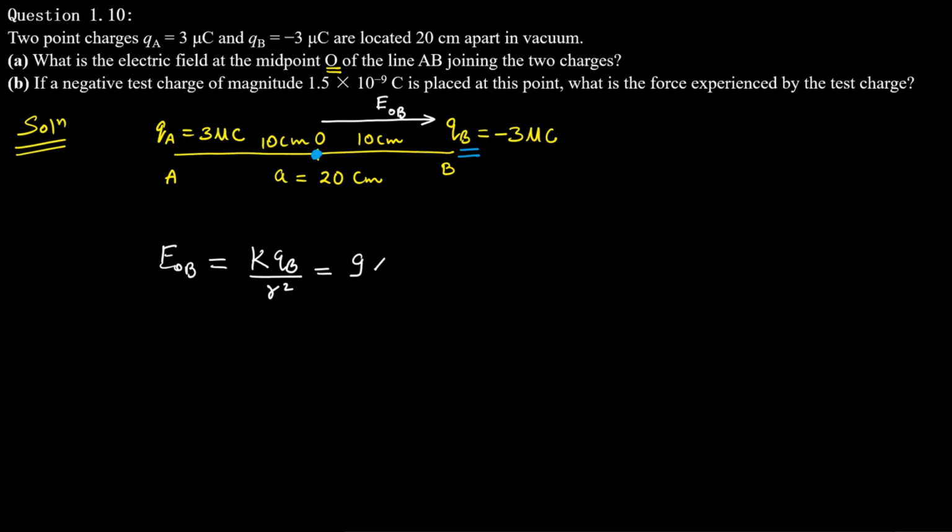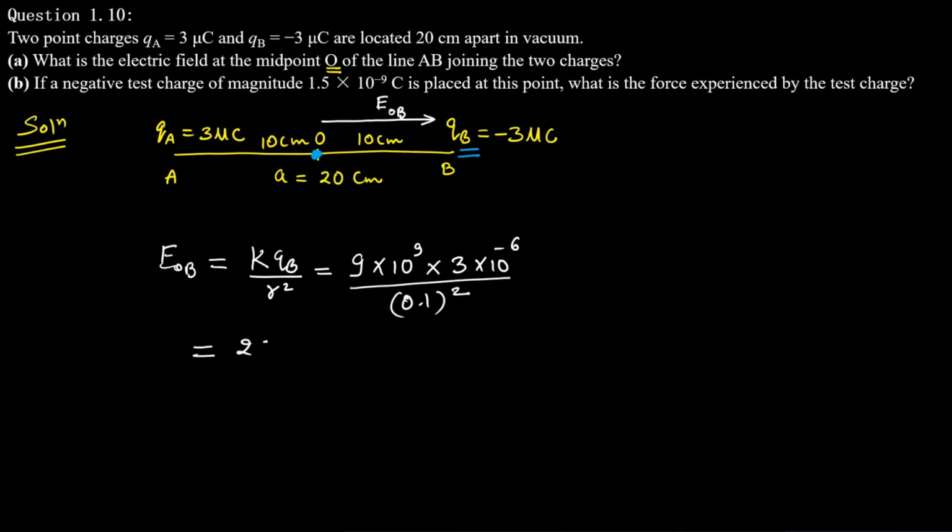Now here only the magnitude part you have to take. So K is 9 into 10 raised to 9. QB is 3 into 10 raised to minus 6. And distance 10 centimeter, which I can say 0.1 meter. So 0.1 meter whole square.